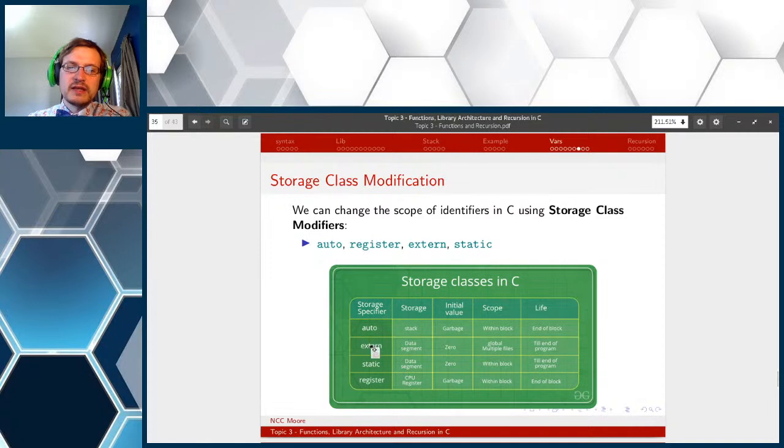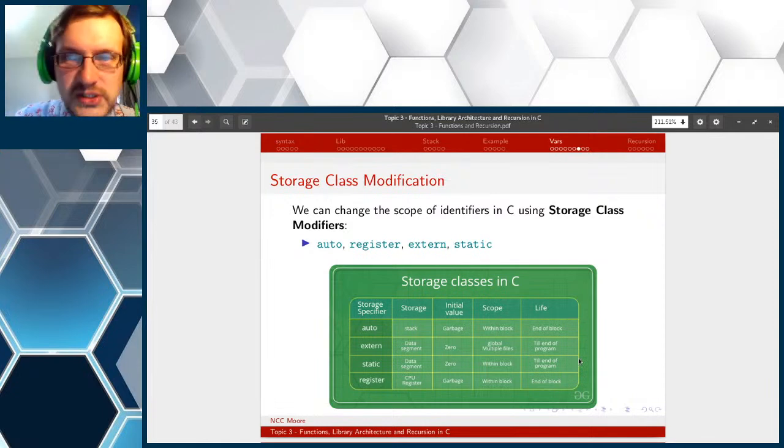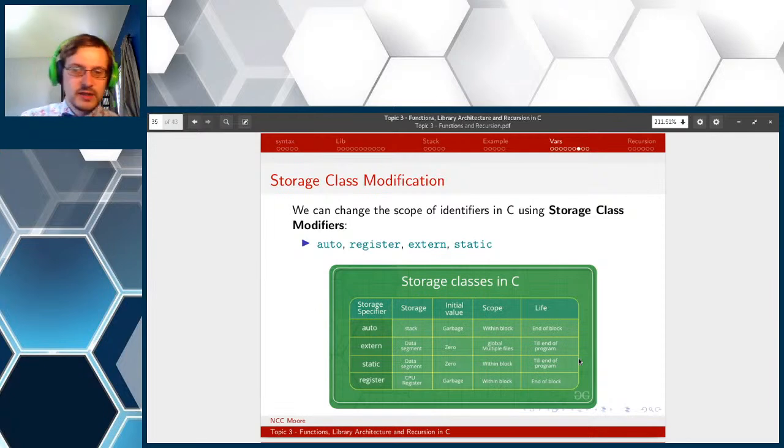So remember that external variables are in C what you would think of as global variables in Python. They are common to all of the functions in the program and can even be read across multiple files. In contrast to that, automatic variables are analogous to local variables in Python.